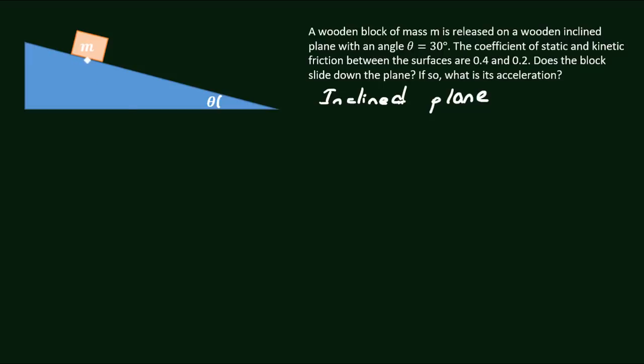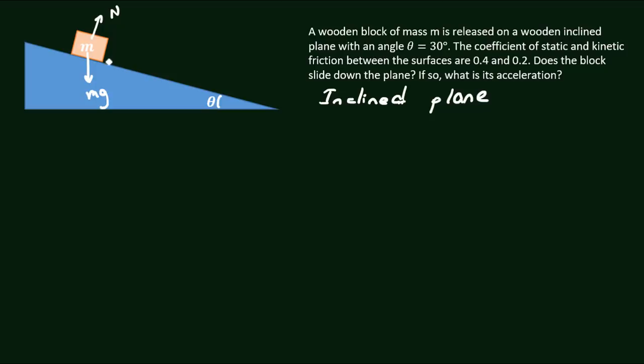So, drawing a free body diagram on an inclined plane like this, I'll show you guys how to approach it. First of all, this mass has a weight, so there is the mg force acting downwards like that. There is this normal force perpendicular to the surface. Hence, it's no longer in the same direction as our mg. What else do we have?